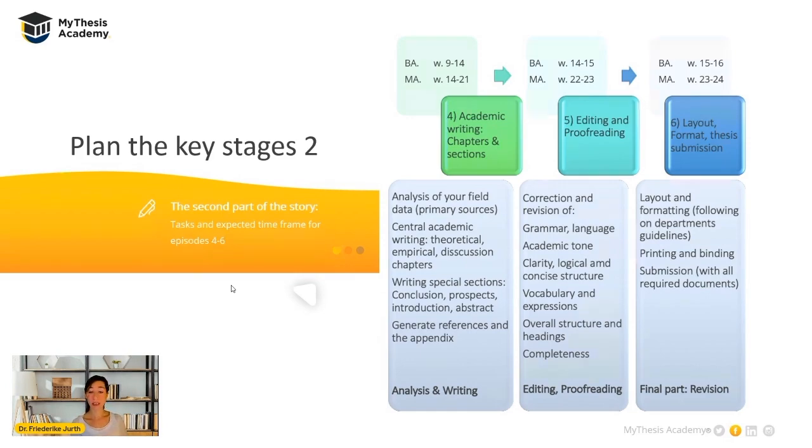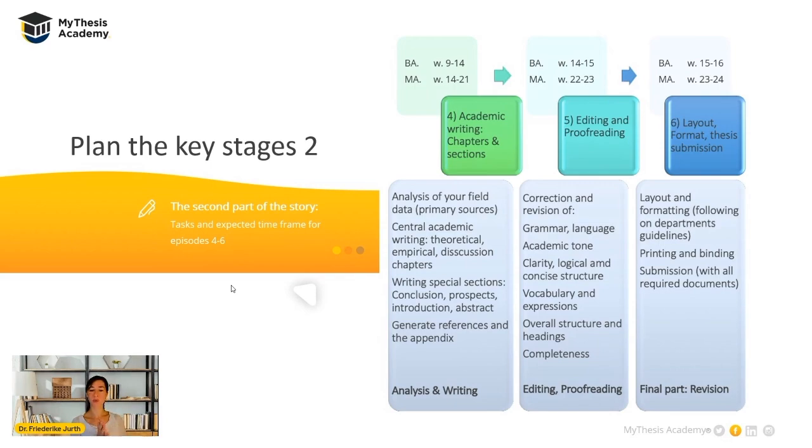In the correction and the revision, you should think about the issues that you will pay attention to, that you will correct. So this will be grammar and language. Okay, also the academic tone, but this goes as one. Then also the clarity and the logical and consistent structure, the vocabulary, the overall structure, and also the completeness. So these are some things that will enter in the category of the correction.